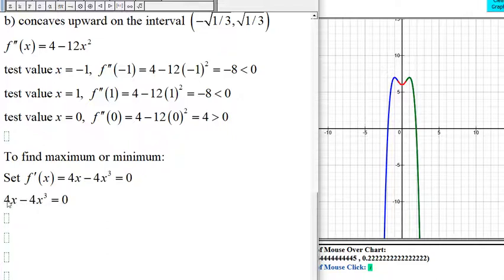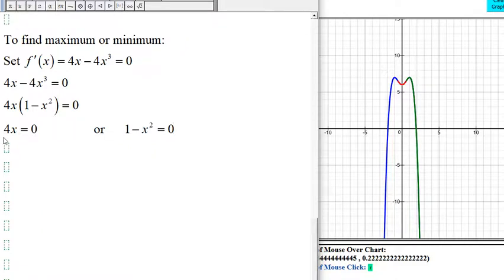And so the common factors here would be 4x, and then we get 1 minus x squared, then equal to 0. And so here we have 4x equal to 0, or 1 minus x squared is equal to 0.